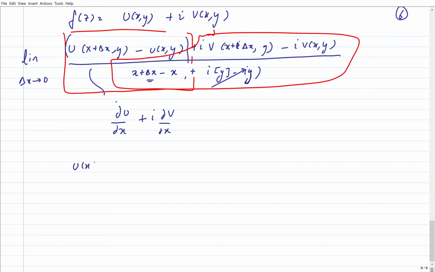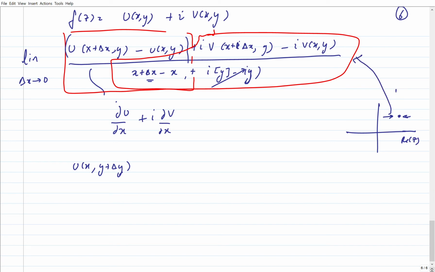Now, on the other hand, I can approach the same problem by taking the limit from the other part. This time, taking the limit from the imaginary part, the y-axis. So this was the case when I was approaching this point from the real part.